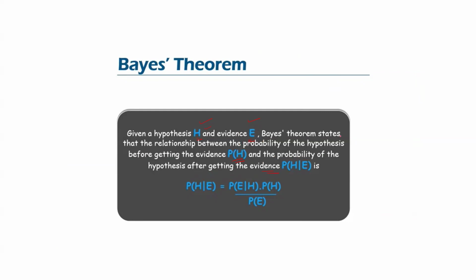Before the evidence it is denoted as P(H), and after the evidence it is P(H given E), which is given by the formula: probability of hypothesis given evidence is equal to probability of evidence given hypothesis times probability of hypothesis, divided by the probability of evidence. So this is the Bayes theorem formula.